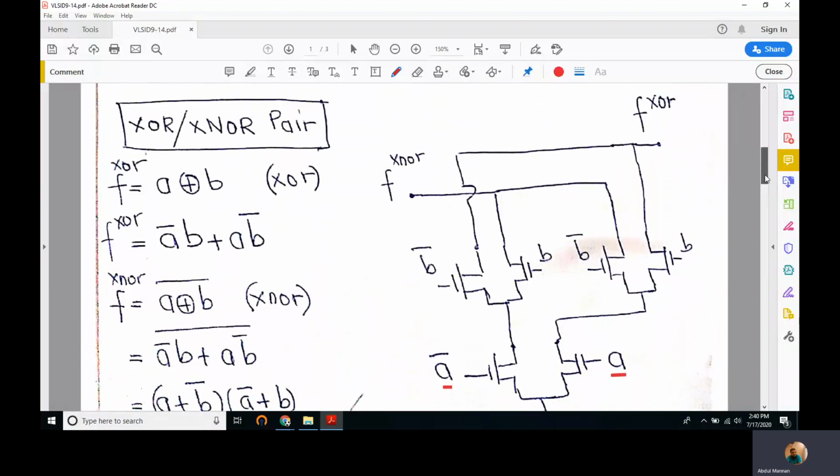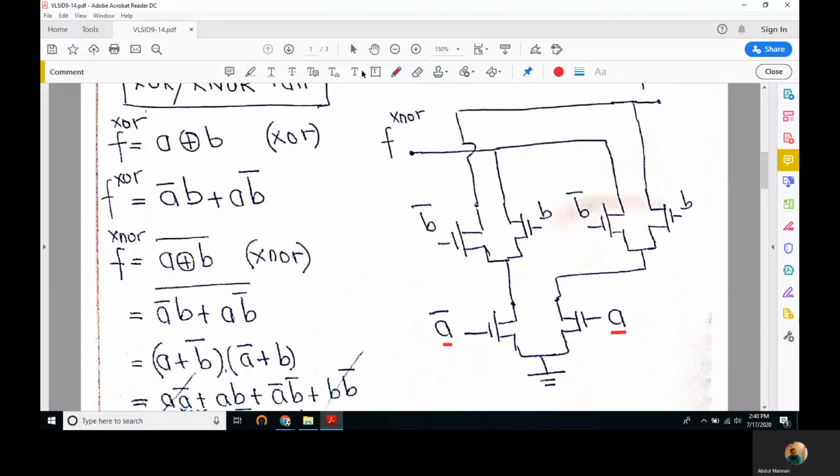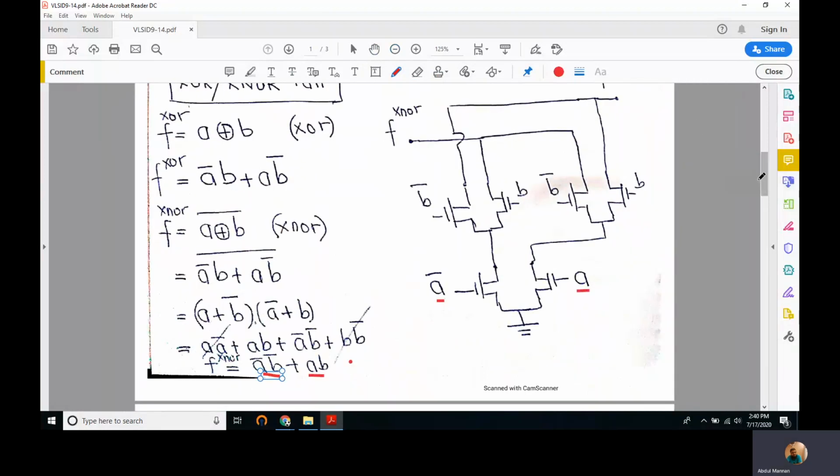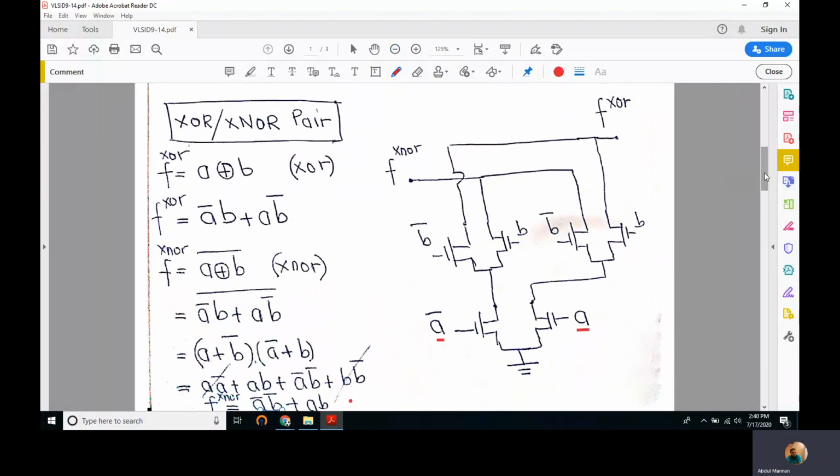Let's see what this exclusive OR operation is. Let's take all this in the picture.